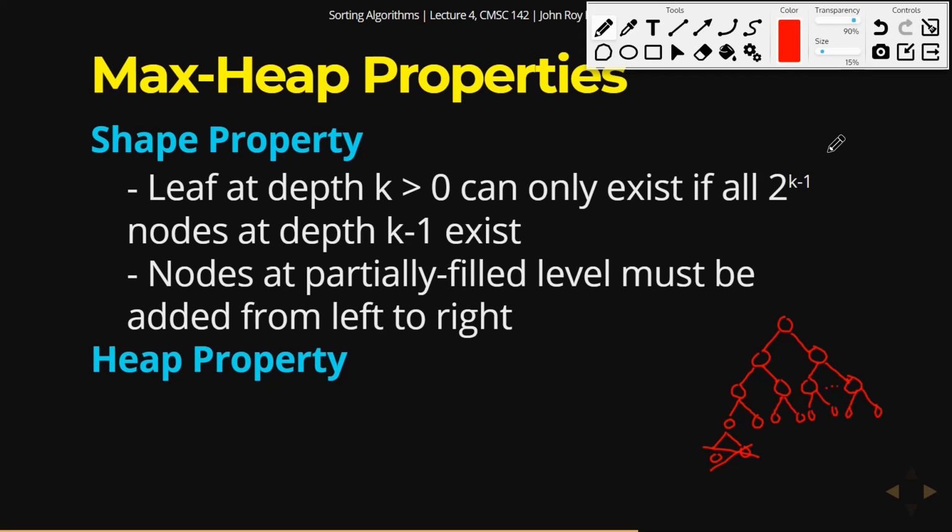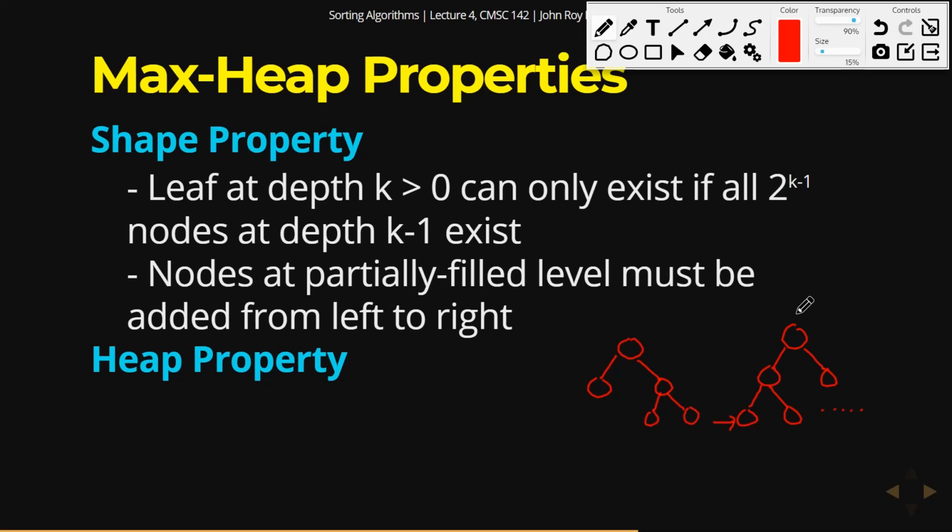Okay, and if there's an extra level that hasn't been completely filled, that's fine, as long as you do it from left to right. This is only fine because it's only the last level, so you still have space left here. That's fine, but you can't do something like this wherein it's starting here already when there's still space here. Okay, so you can't do that. So it must be filled from left to right.